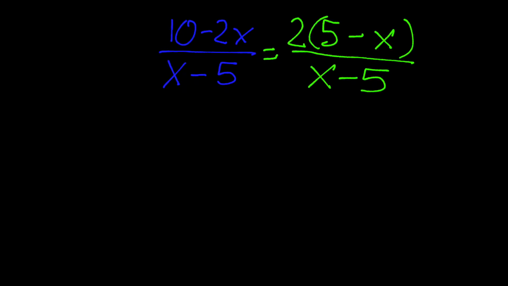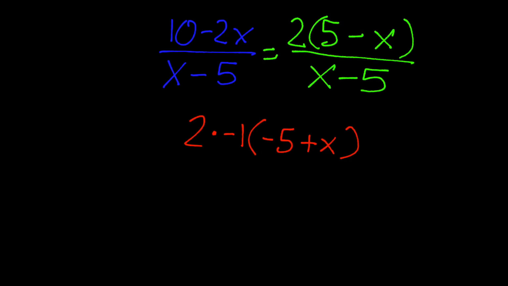So, doesn't matter, top or bottom, we want to make those the same, and we can do that by factoring out a negative 1. So, I'm going to take a negative 1 out of the top, just because I would prefer to make the top match the denominator. So if I take a negative 1 out, that's 2 times negative 1 times negative 5 plus x.